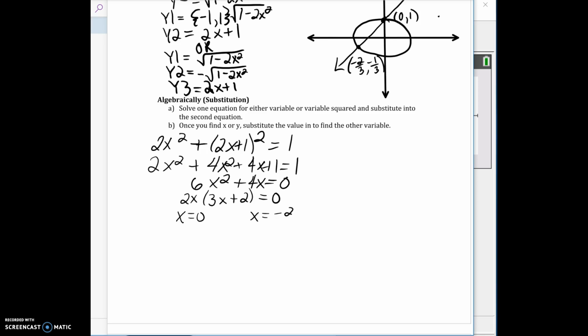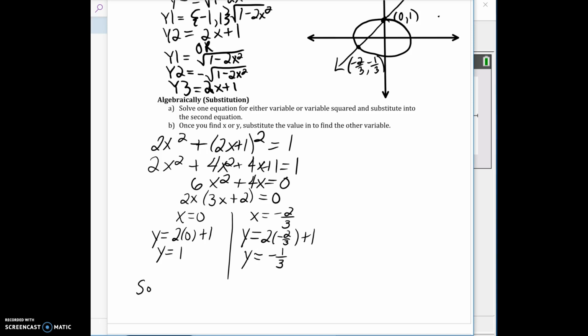So already seeing the values that we got graphically. Then the easiest one to plug back into is the line. So I'm going to plug in y equals 2 times 0 plus 1. And then y equals 2 times negative 2/3 plus 1. Get both of our answers there.